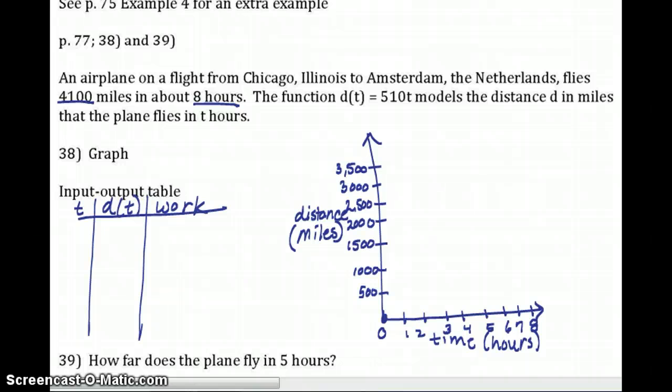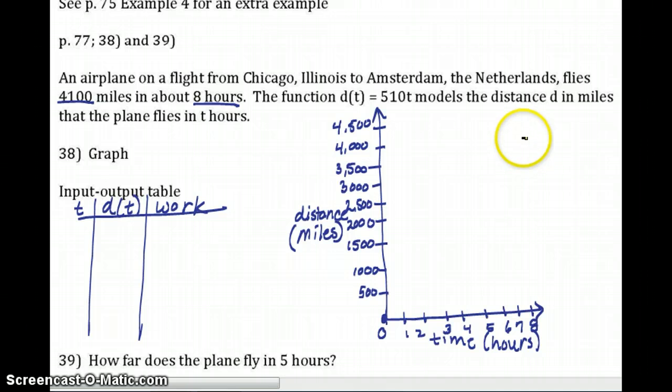I'm going to need to move this up a little bit. And then 4,000 and 4,500. We know at 8 hours they've flown 4,100 miles, which is going to be somewhere right in here. 8 hours. That's when they get to Amsterdam, is 4,100 miles.